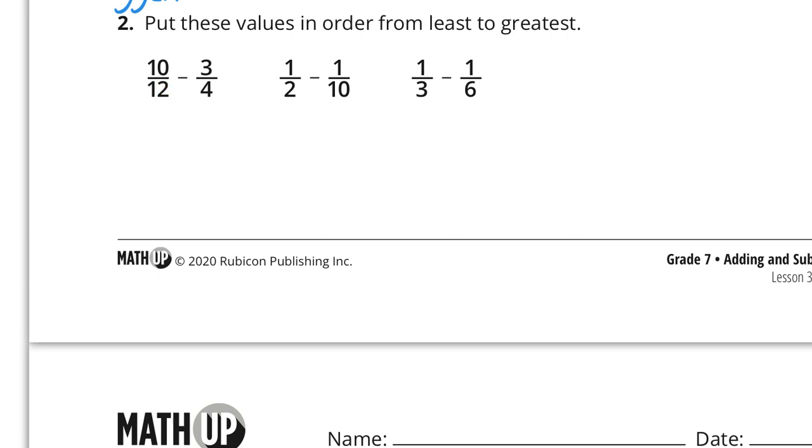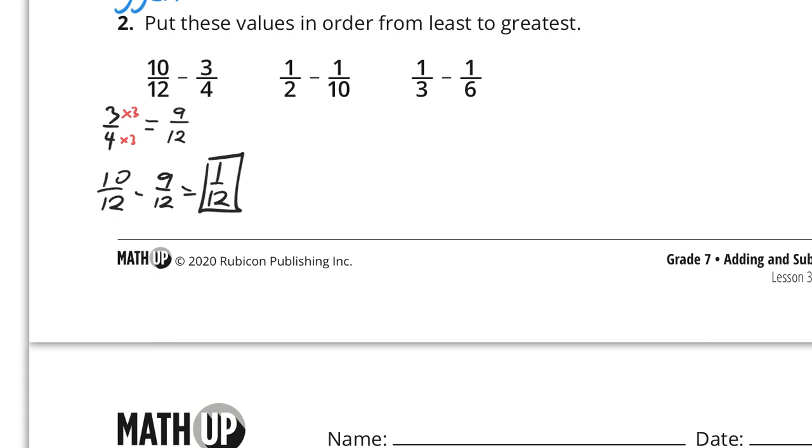I need to take that 3/4, and I need to multiply it by something to get to 12. So I'm going to multiply both the denominator and the numerator by 3, because I know that 4 times 3 is going to get me to 12. This becomes 9/12. This is much easier now, right? Now we can say 10/12 minus 9/12 is going to give us 1/12.